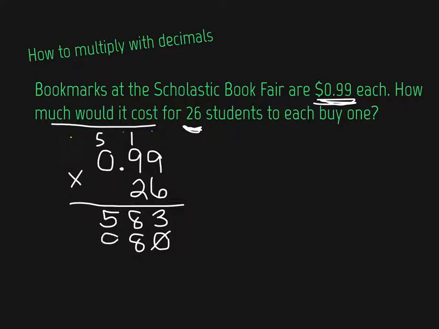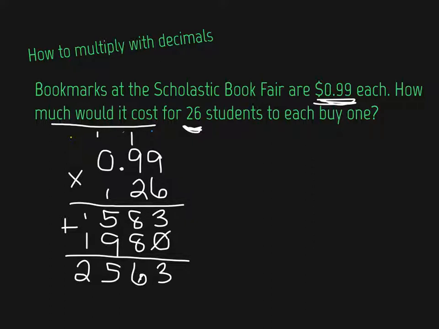That's 19. I like to erase the previous ones as I go along. You don't have to do that. And that's a 1. So we're going to add. And we have 2563.